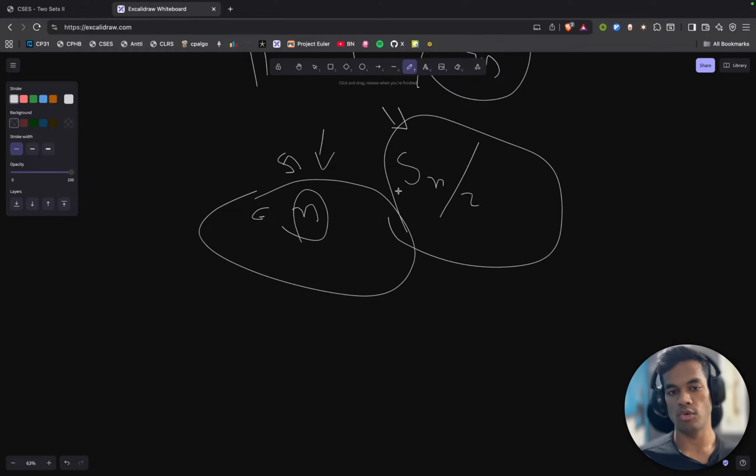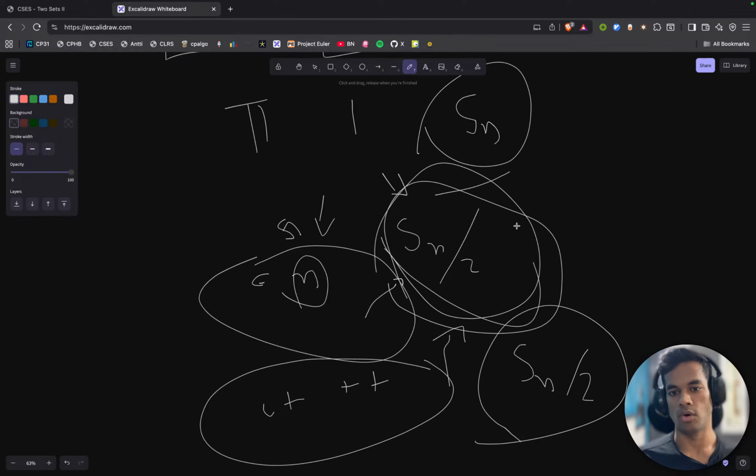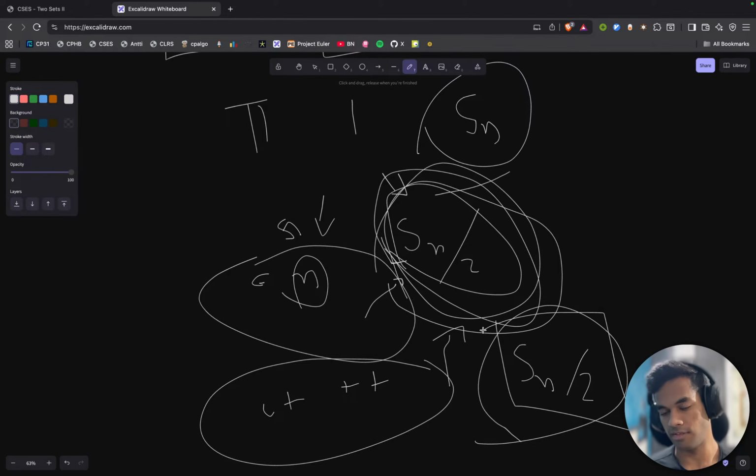And when you are using some coins to get to this sum, there are going to be some coins which were not used. And if you take all the coins which were not used and add all of them up, their sum would also be Sn divided by 2. Why? Because the total sum is Sn and you are only taking numbers which sum up to Sn by 2, then you are leaving out numbers whose sum is Sn by 2.